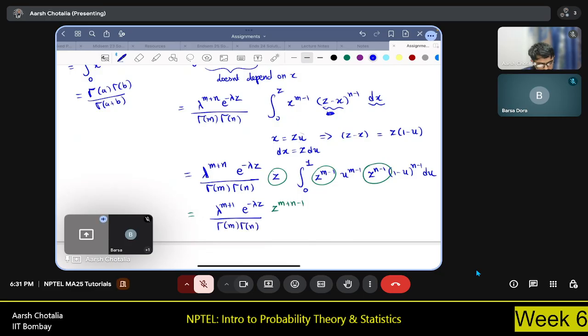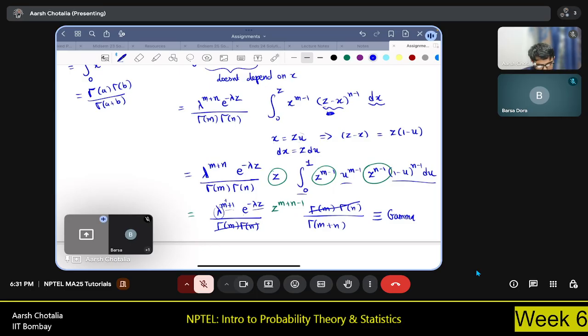Gamma n. And this remaining integral is exactly the beta function, which can be written as gamma m gamma n divided by gamma of m plus n. Now these exactly cancel, and this is by definition a gamma function. As you can see, something raised to m plus n minus 1 e raised to minus lambda something.